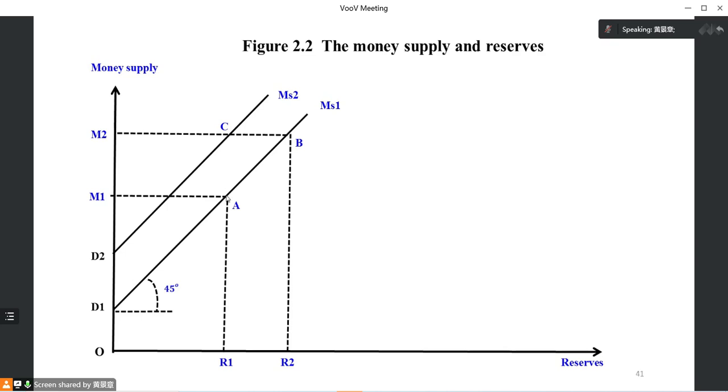One point A, slide to point B. Slide to point B means at the status of point B, the domestic money supply is M2, and the foreign currency reserves by this country are I2.